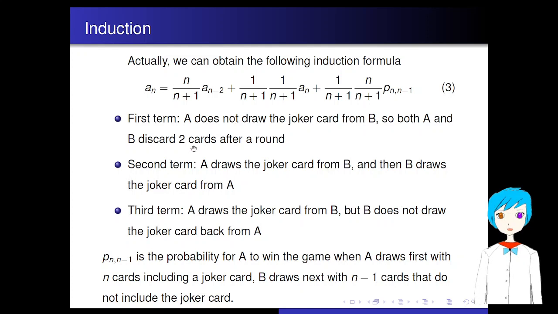The second term stands for the situation when A draws the joker card from B and then B draws the joker card back from A. The last term stands for the situation when A draws the joker card from B, but B does not draw the joker card back from A. P_{n,n-1} is the probability for A to win the game when A draws first with n cards including a joker card, and B draws next with n-1 cards that do not include the joker card.